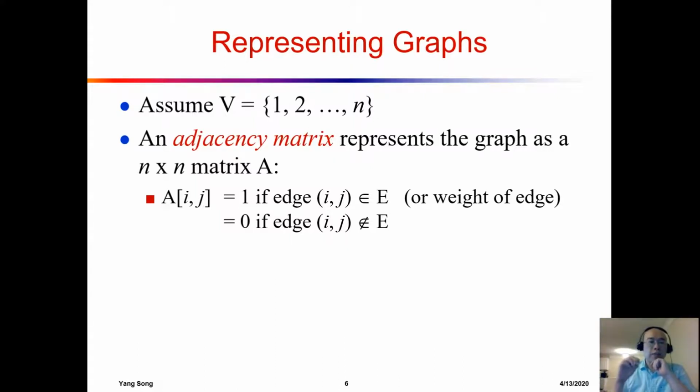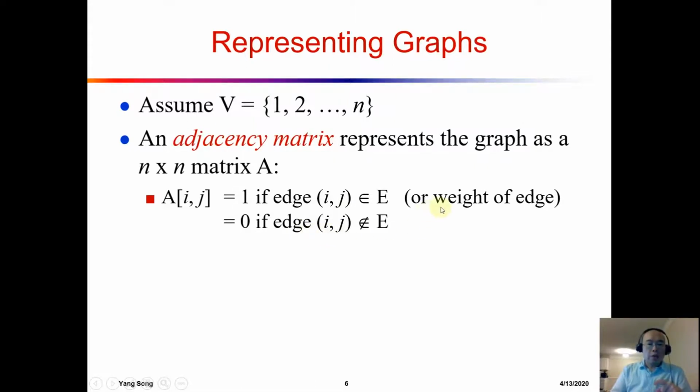For each value with i and j as the x index and the y index, it is a 1 if there is indeed an edge from i to j, and otherwise it is a 0.